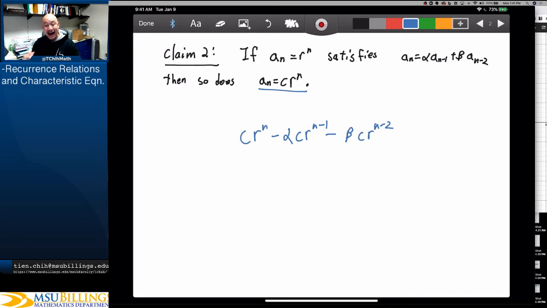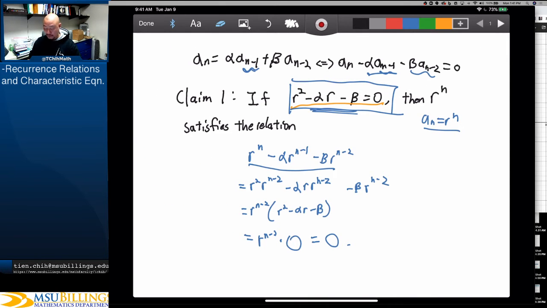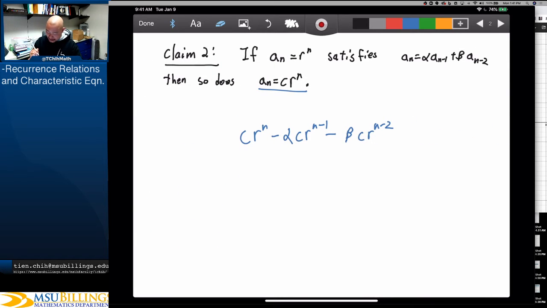Then for the same reasoning we had over here, we want that to be 0. And we notice that I can yank out a C from all of this. We already know that r to the n satisfies the recurrence relation, so this has to as well.